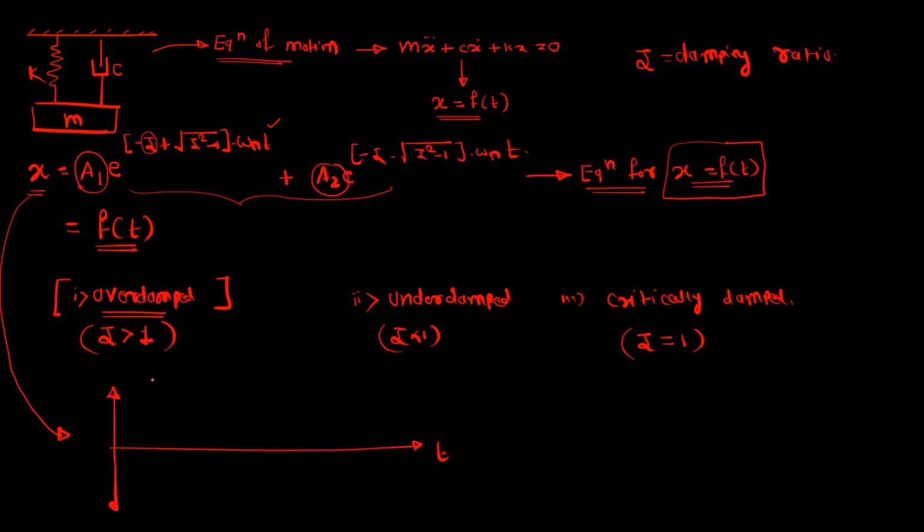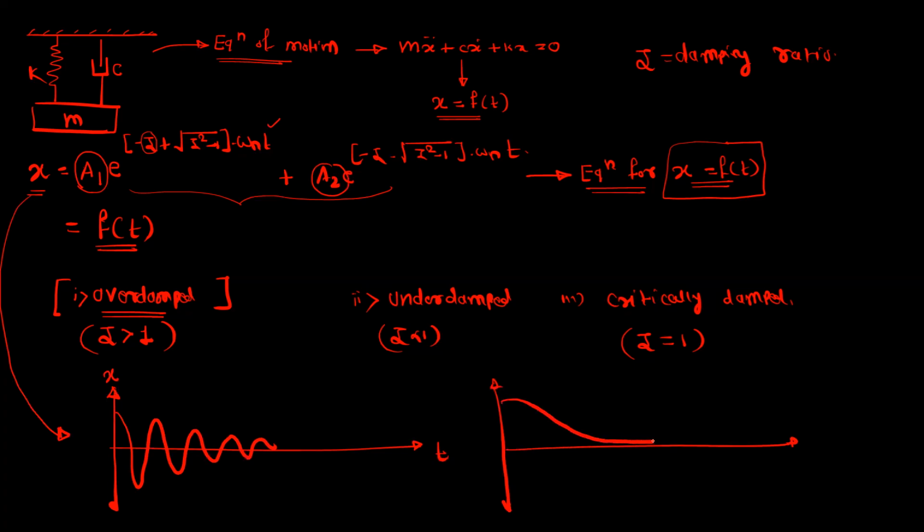So this is the time and this is displacement x. Okay, so this waveform, it can be like this. Or the waveform will be like this. So these are the three types of waveform.